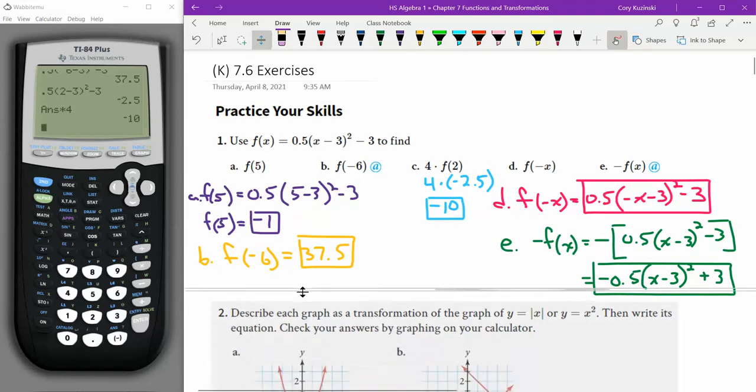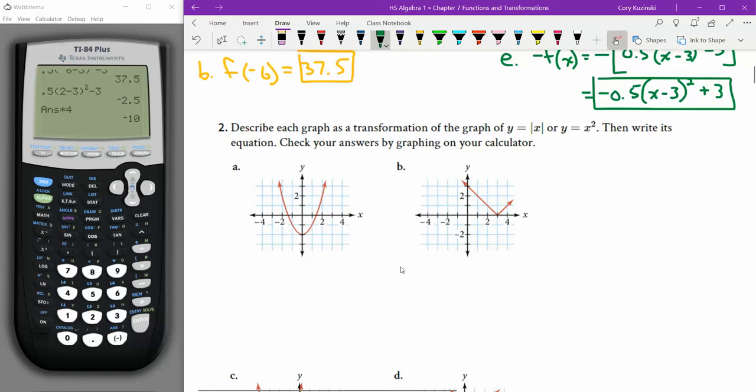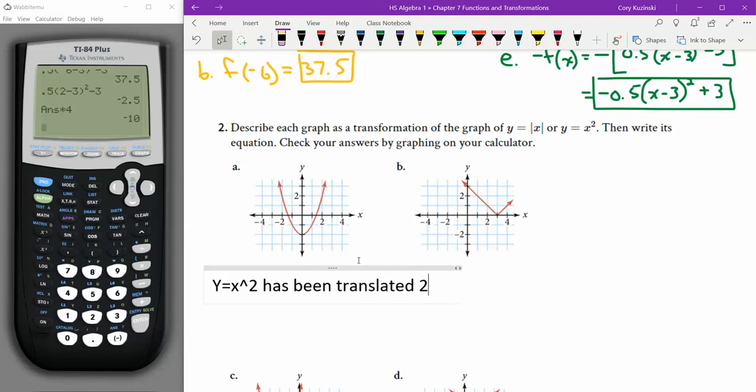Next up, describe each graph as a transformation of y equals the absolute value of x or y equals x squared, then write its equation. Okay, so this first one, so the parent function is y equals x squared and has been translated 2 units down. So I should put A here. There we go.